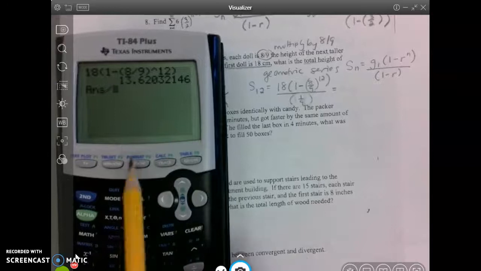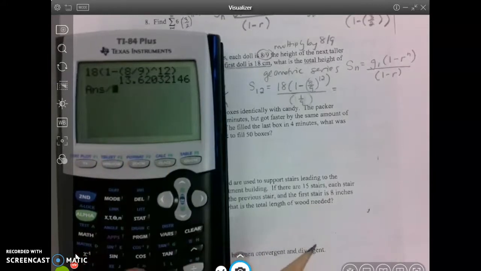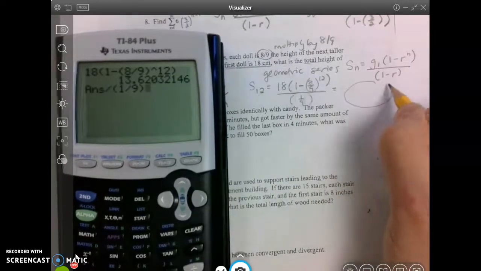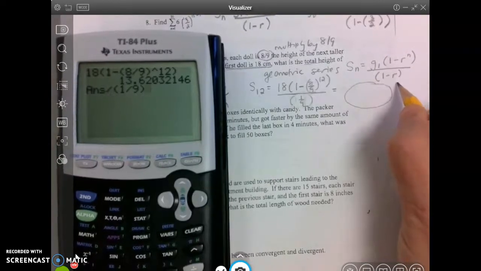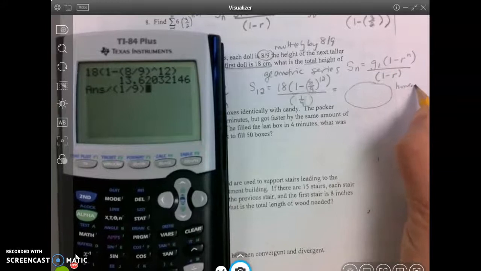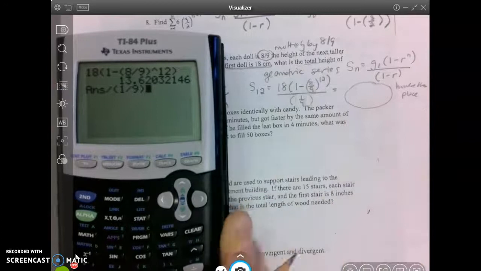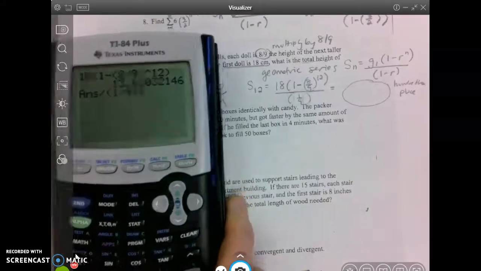Divided by, sorry, I want to take this answer here and divide it by 1/9. And so I'm going to let you guys do that in the calculator and get an answer. It'll be over 100, but less than 125, I'll tell you that. Somewhere between 100 and 125, and let's say round to the nearest hundredths place.